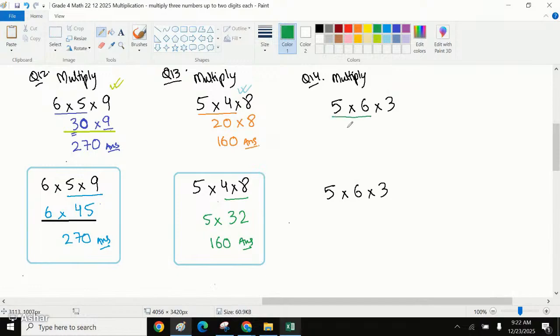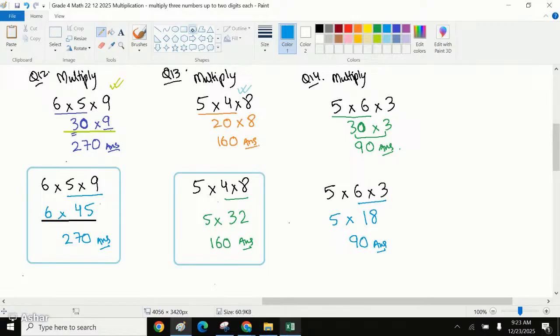5 multiplied by 6 was 30. Multiplied by 3, we count the number of zeros. 3 multiplied by 3 is 9, and we simply put 1 0. That means 90 is the answer. But if you look at the alternate, 6 times 3 is 18, multiplied by 5, and 5 times 18 is still 90.